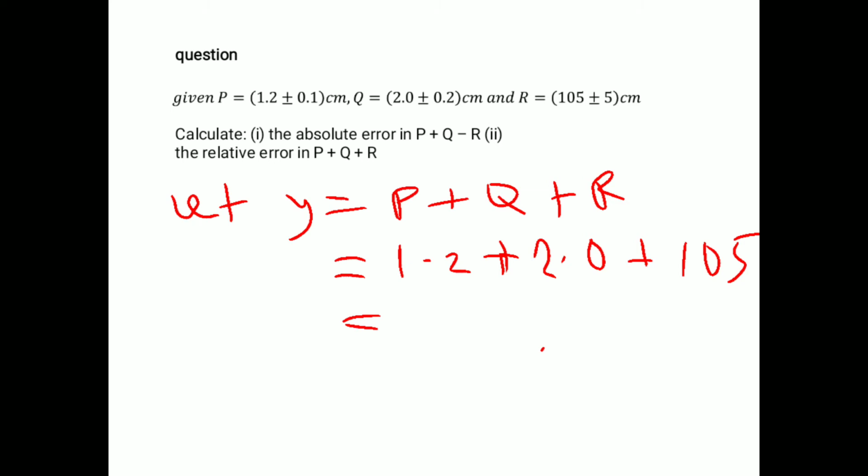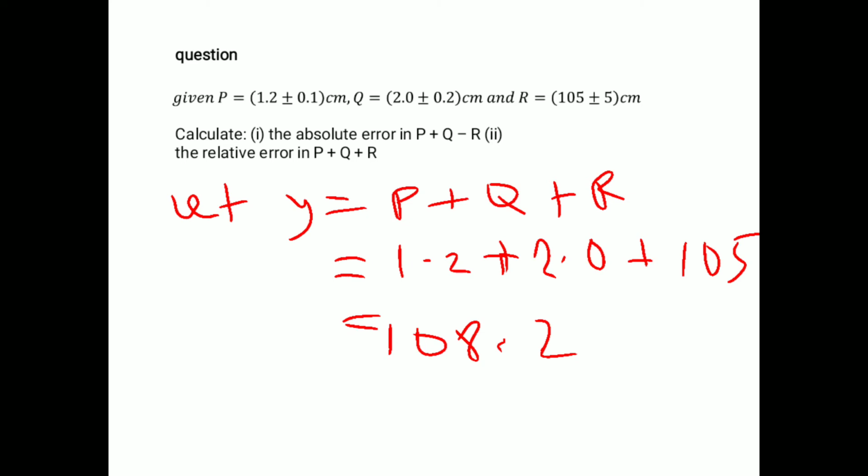Let me do that quickly. 1.2 plus 2.0 plus 105. That is giving us 108.2. So 108.2.